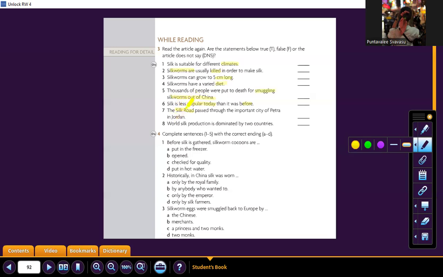And when it's a name, it's easier to find. You would just find these names. And then number eight, world silk production. It talks about the world, worldwide, and then two countries right here. So these are the key ideas.